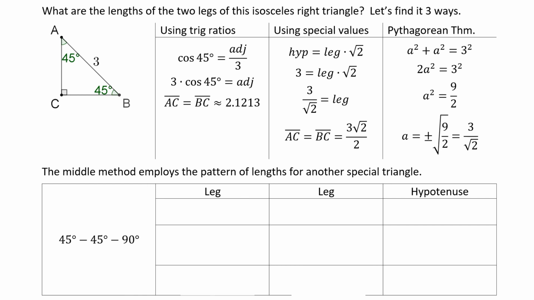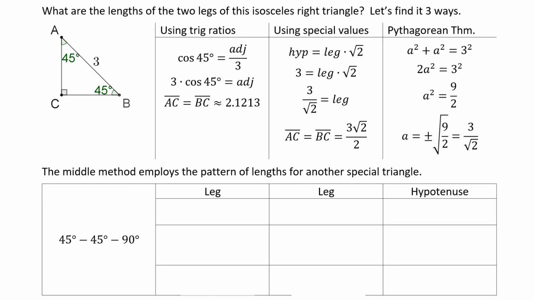The square root of 9 is 3. Radical 2 is in the denominator, and we're going to go with the longest side. We should really rationalize that denominator. When you do, I hope you'll confirm that that is exactly 3 radical 2 divided by 2, and it is the same approximation that would come out when you multiplied 3 times the cosine of 45 degrees.